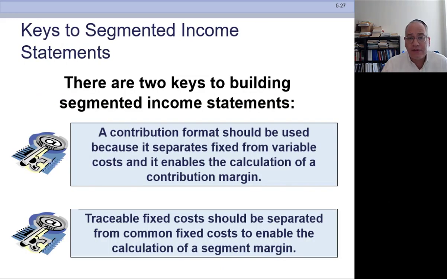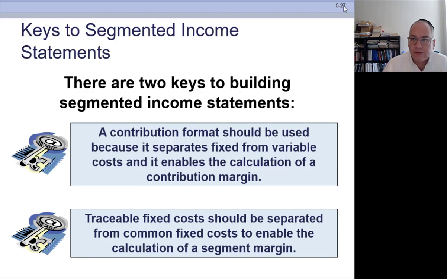So when we're looking at segmented income statements, we're going to try to look at a contribution format income statement because it's going to separate your fixed costs from your variable costs and enable you to calculate your contribution margin. And we really want to focus here on traceable fixed costs, because traceable fixed costs are those costs that can be separated for that segment.